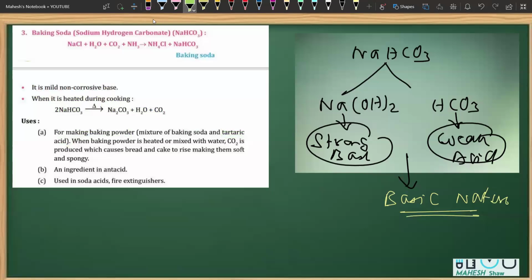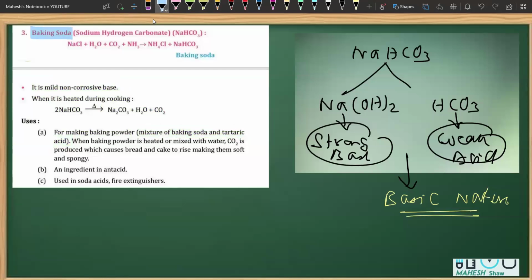Now, as I said, this is a mild base, so the cake will become bitter. So we mix a small amount of tartaric acid or any edible acid. So we can say that baking soda is different from baking powder, but only by a small thing.